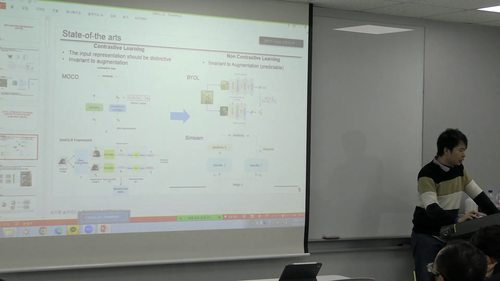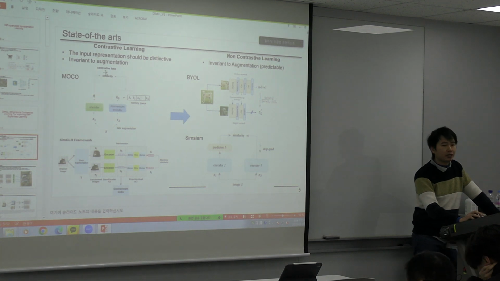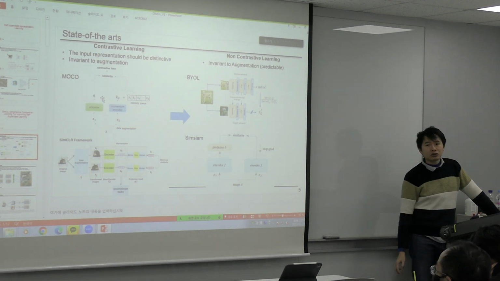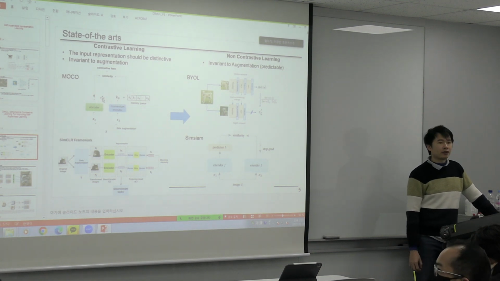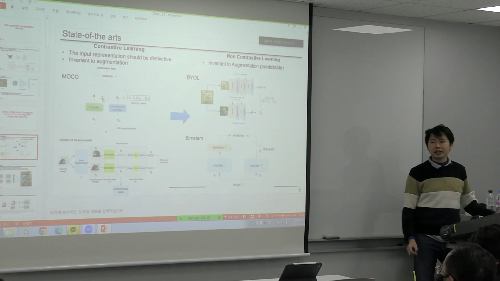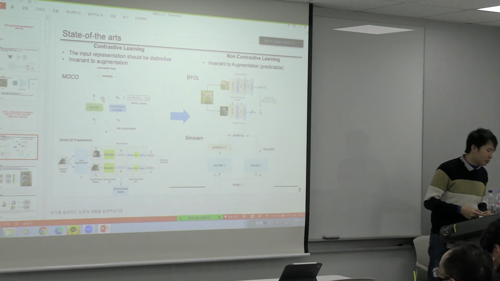So later work simply found out that if we just embed an image into the latent vector and try to apply the contrastive learning loss directly, this is not very effective, because the representation vector here is used for downstream tasks, and it may differ across different downstream tasks. So forcing it to be the same among different downstream tasks is not an effective way.